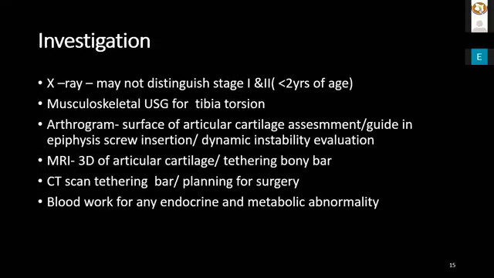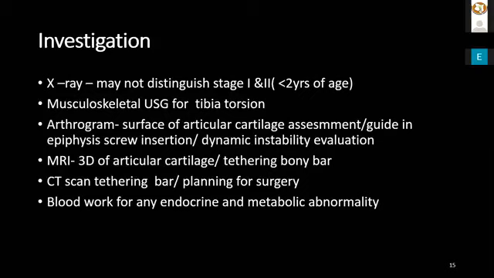After the differential diagnosis, we need to confirm Blount's disease, and the best way relied on is X-ray. The shortcoming of an X-ray is difficulty in distinguishing stage 1 and 2 from physiological varus, and many times these are children less than 2 years.